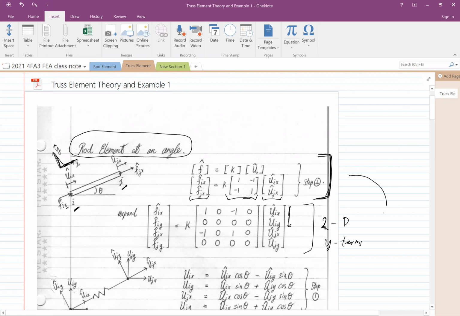From here to here, we just add the Y terms, but there's no movement along Y in the tilde reference frame, so we put 0 there. If you multiply that, you end up having these equations.